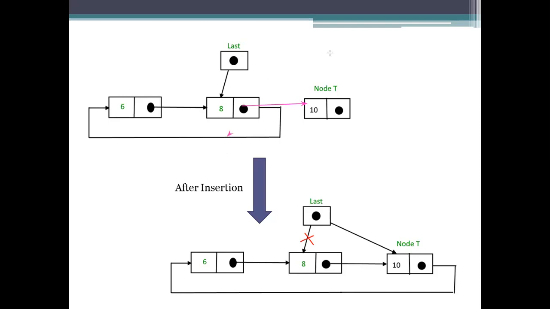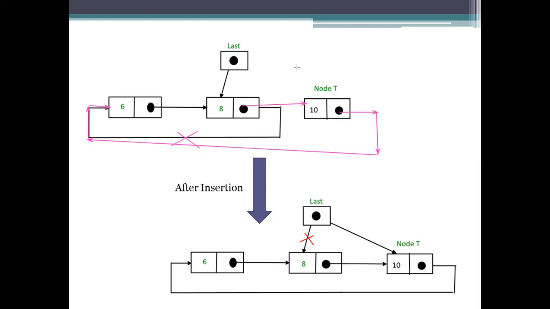And we need to cancel this link. This link has to be cancelled. Why? Because in the circular way, here we need to specify that this has to be pointed to this one. Okay, so by that we are getting this representation.